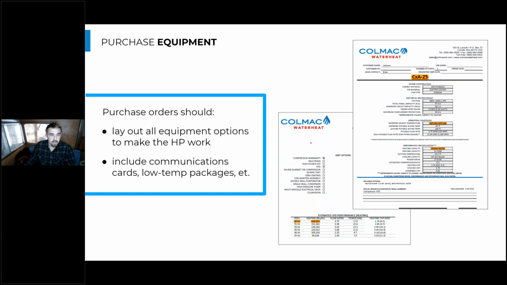And so when you're actually purchasing your equipment, you want to make sure that any purchase orders that you bring forward specifically lay out any additional options that are needed with that equipment. So then there's no miscommunication between the purchaser, the rep, and the manufacturer during this order. Even if you've worked with one person from the rep agency that knows this equipment really well, the minute you send in a PO, that might be received by somebody else in the purchasing department that hasn't dealt with any technical details of this equipment.